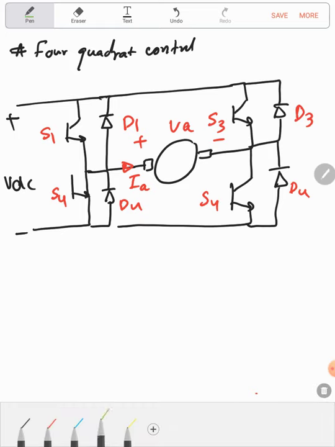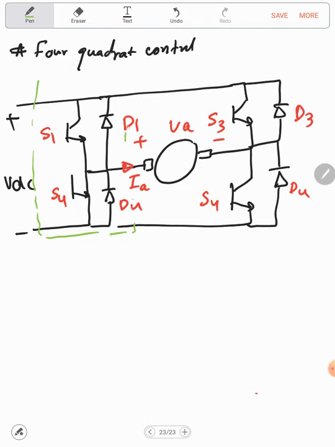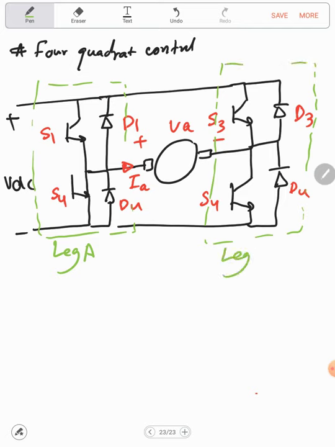So here we have two legs actually. This will be leg A, and this will be leg B.